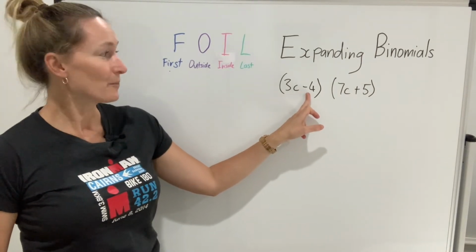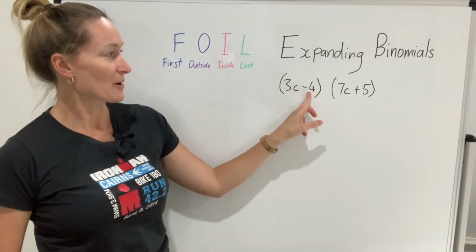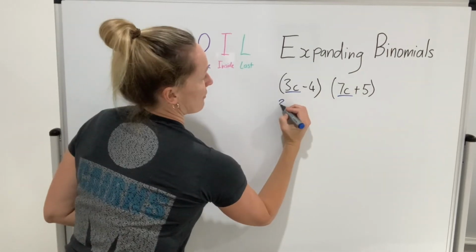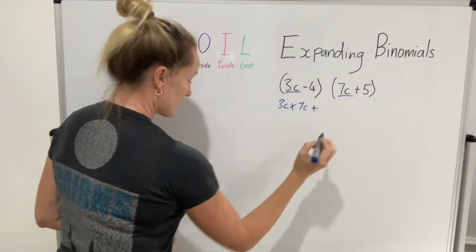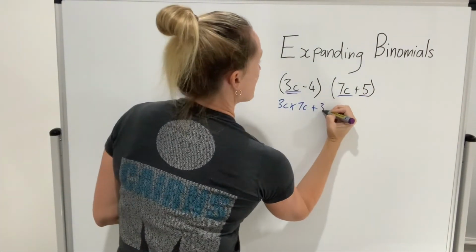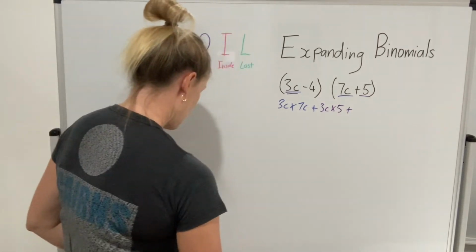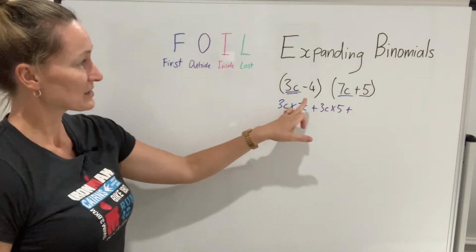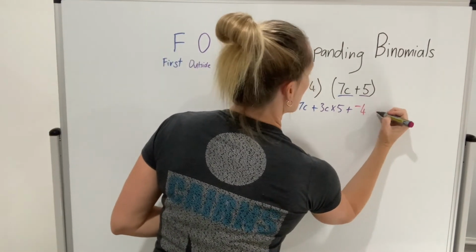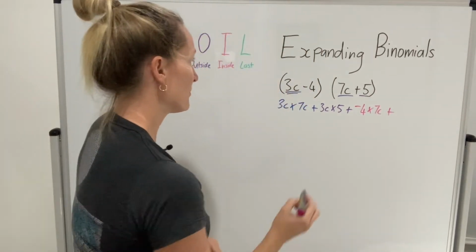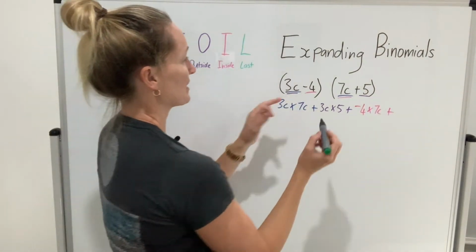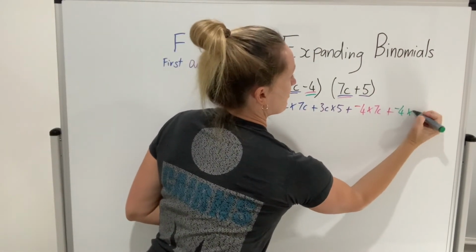This take away 4, hopefully you noticed that and treated that term as a negative 4 there. Firstly, the first terms, you would have done 3c multiplied by 7c, plus the outside terms, 3c multiplied by 5, plus the inside terms, negative 4 times 7c, plus the last terms in each set of brackets, negative 4 multiplied by 5.